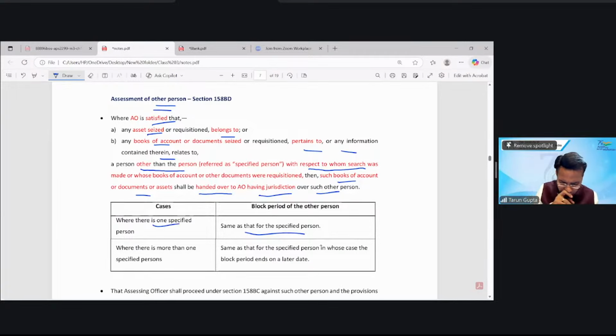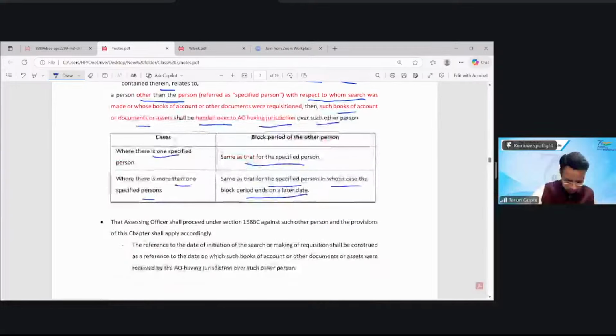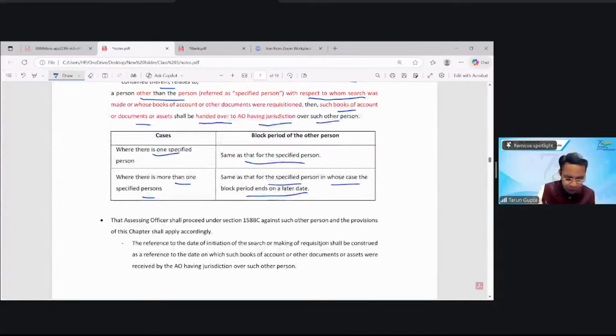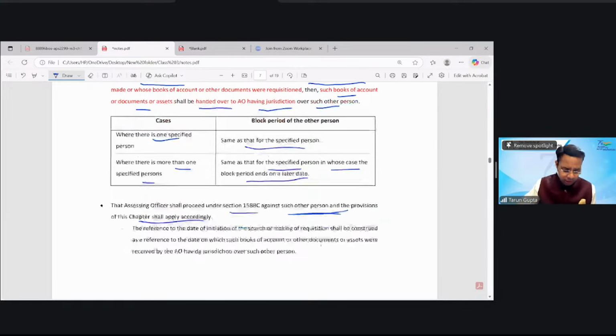Where there is more than one specified person, block period shall be the later period of all the specified persons, same as that for the specified person in whose case the block period ends on a later date. So AO shall proceed under section 158BC against such other person and provisions of this chapter shall apply accordingly. You with me? We discussed this.